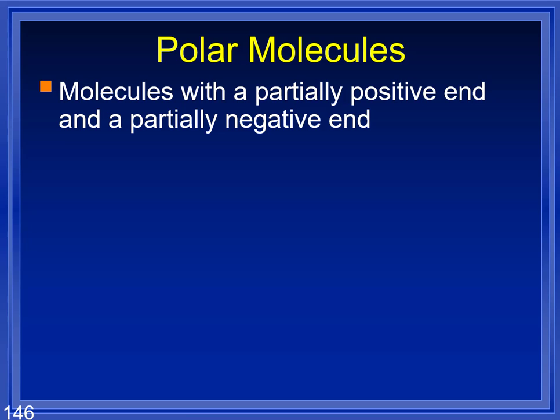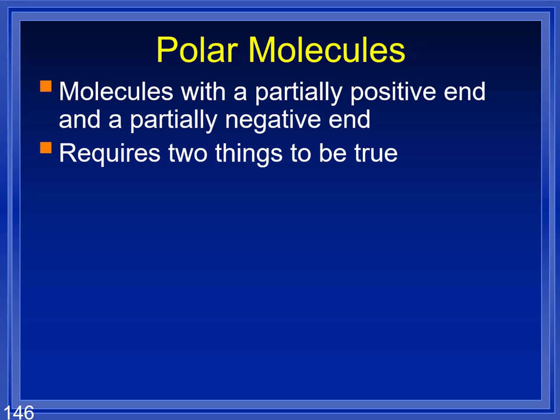Okay? And if a molecule is going to be polar, it has to meet two conditions. In order to have a partially positive end and a partially negative end, it's got to meet two conditions.